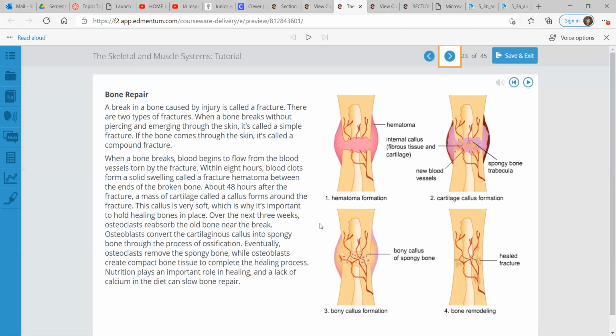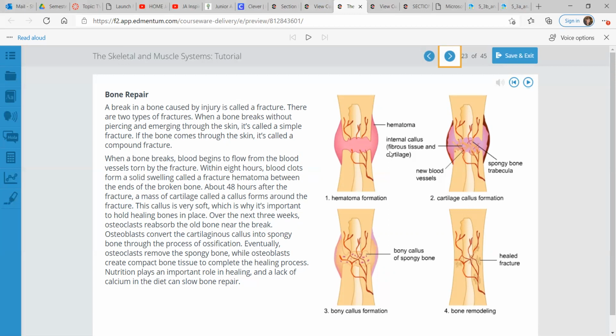Osteoblasts convert the cartilaginous callus into spongy bone through the process of ossification. So it's making new bone. Eventually, osteoclasts remove the spongy bone, while osteoblasts create compact bone tissue to complete the healing process. Nutrition plays an important role in healing, and a lack of calcium in the diet can slow bone repair.